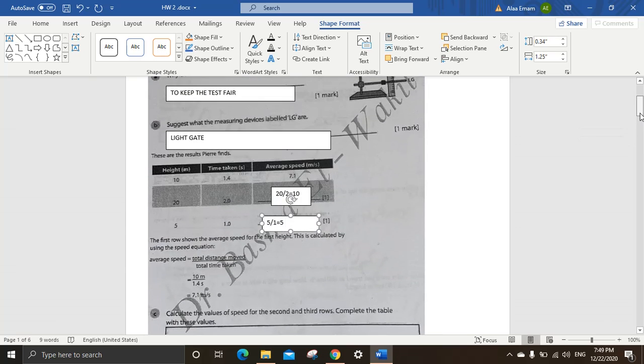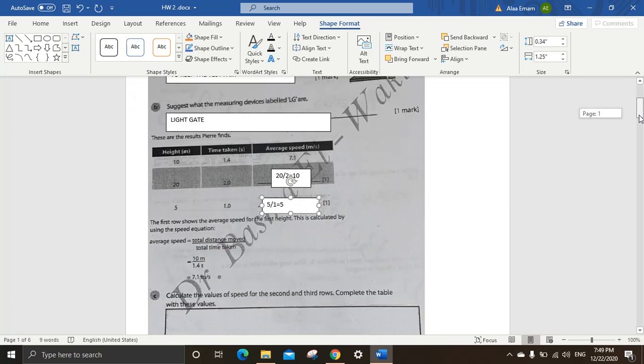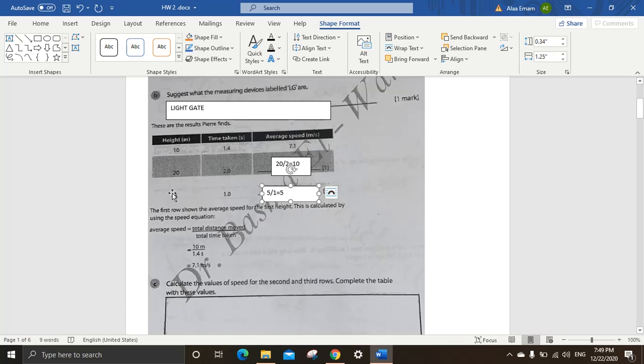Now describe the pattern in these results. Patterns means the behavior or the relationship that you can notice from these results. As you can see, the height was 10 and the speed was 7.1. However, when the height was 20, now the speed goes up to 10. Now, when the height was 5, the speed goes down to 5.